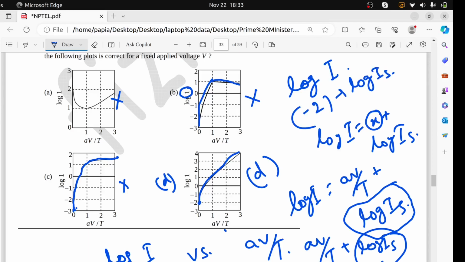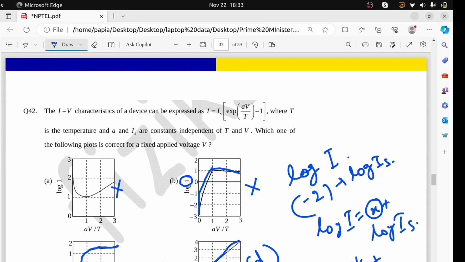It is because we don't know all the values. These are just numbers, random numbers given, so we don't know about the values. So log of I can be minus 2, no problem, because I will be 10 to the power minus 2. That you can have, right?